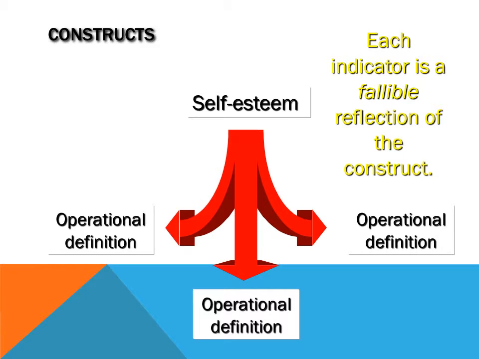Your self-report measure might measure self-esteem on a self-perceived basis. That is, what do you think about your self-esteem as against how do you present yourself because of your self-esteem. The bigger point here is that each indicator, and you can have many of them, becomes a fallible indicator of the construct self-esteem.